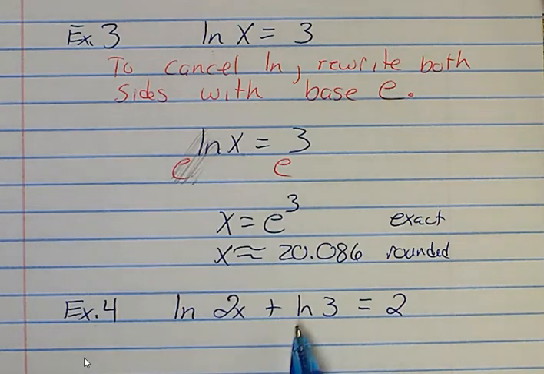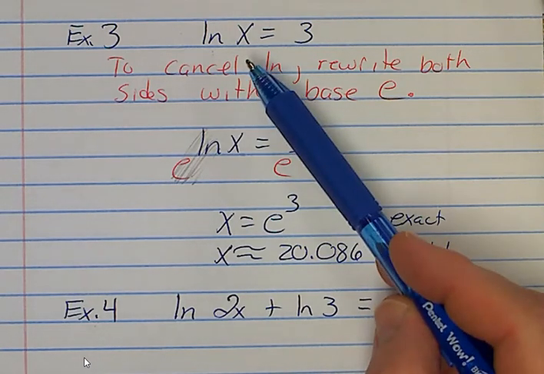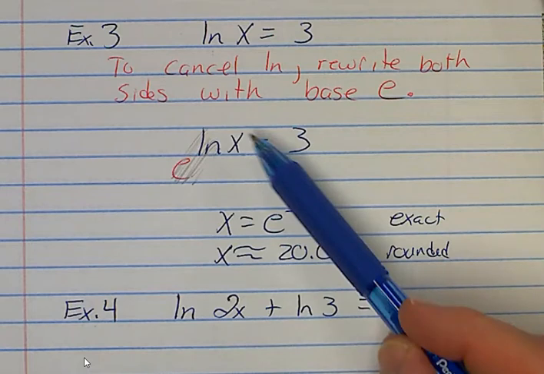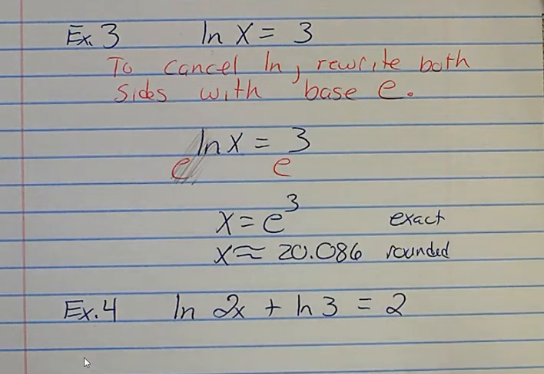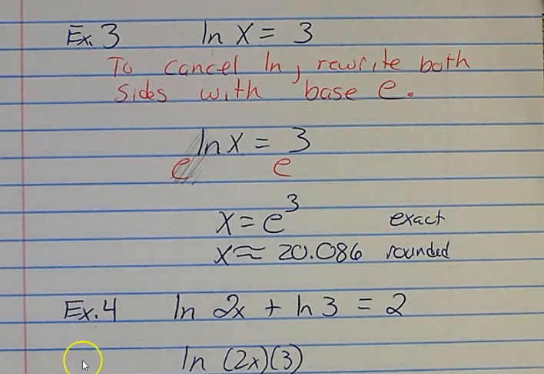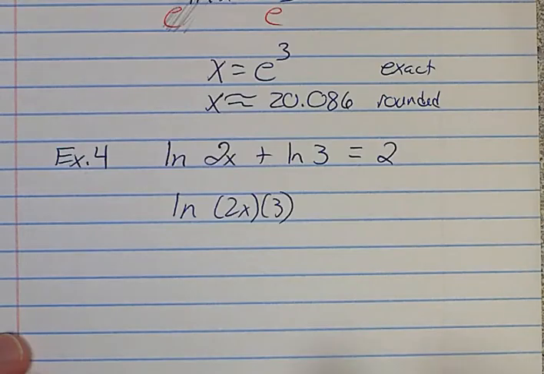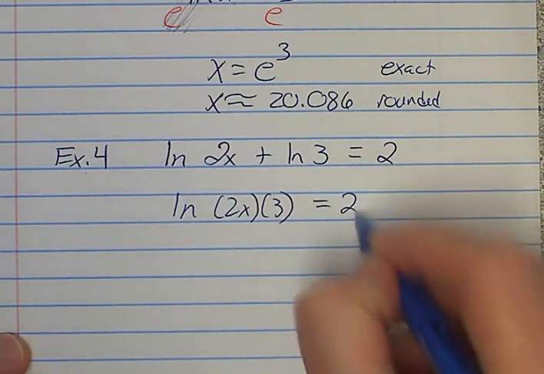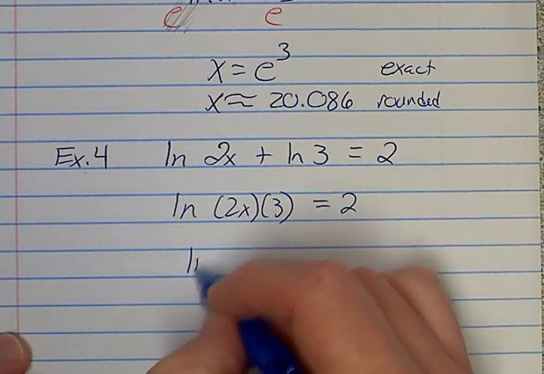How many LNs does this one have? It's got 2. This one's only got 1, right? So before we can solve this one, we've got to get these 2 LNs condensed down to just that one right here. So we're going to have to do the ln of 2x plus 3. Alright, so condensing these 2 back together with the plus in the middle, that means you've got to multiply. 2x times 3 is 6x.